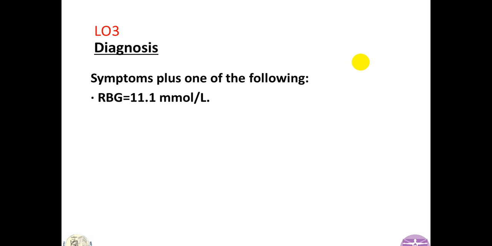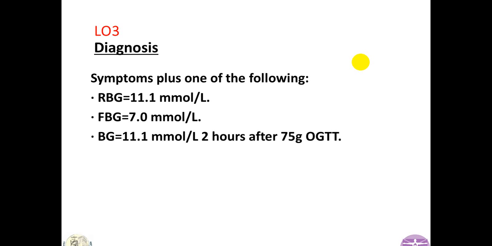We call it random blood glucose of 11.1 millimole per liter, or a fasting blood glucose, that is without eating in the early morning, usually after an 8 hour fast, of 7 millimole per liter.